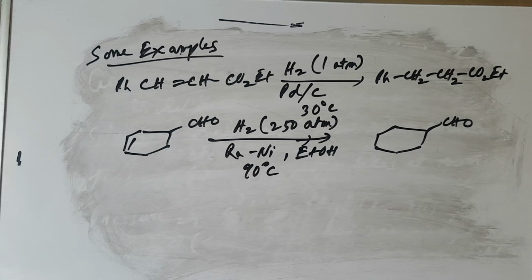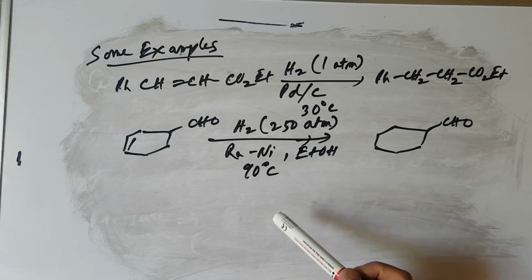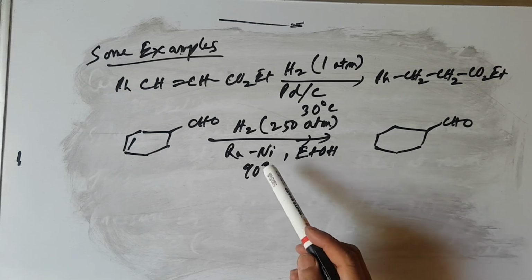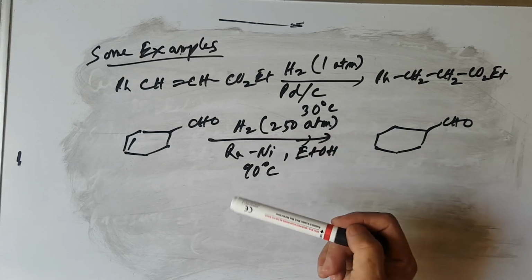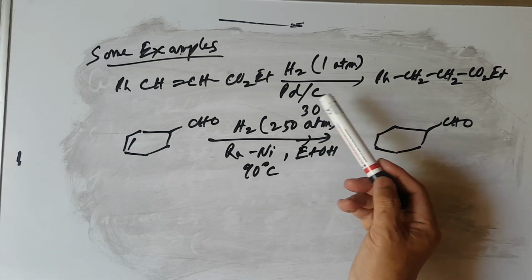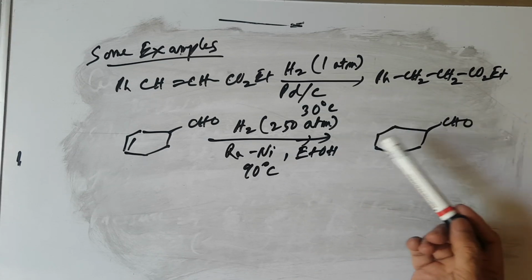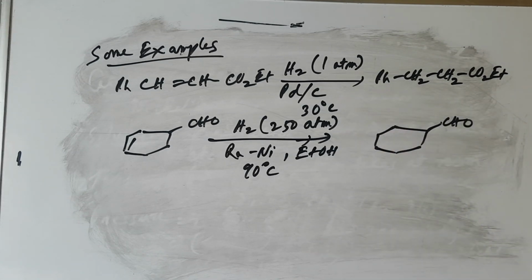I'm giving you many examples here. If you use Raney nickel, the temperature will be high as well as the pressure. If you use palladium charcoal or platinum, then the reaction takes place at low pressure and at room temperature.